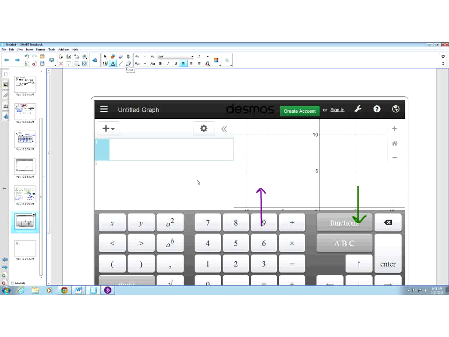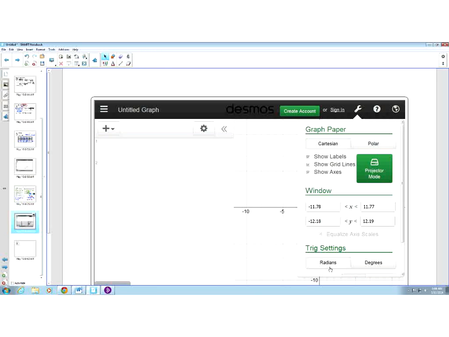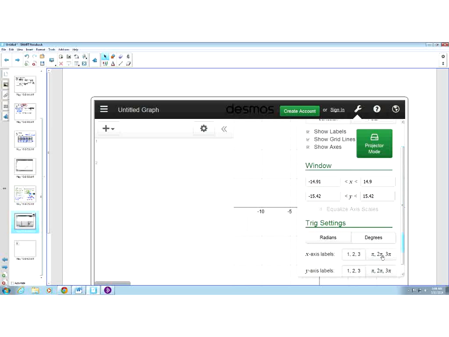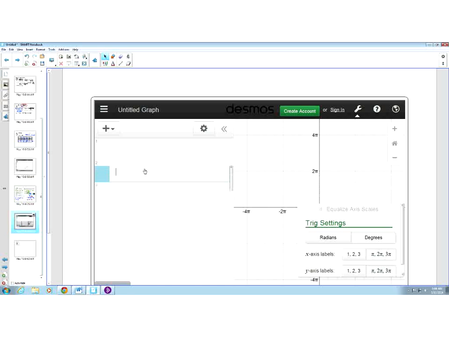So let's see here. What kind of interesting things can we do here to make this topic nice? All right, so let's graph. Let me set the window properties. It'll let me. Window settings, so let's set it into radians. I'm going to motivate this using a trigonometric function. All right.